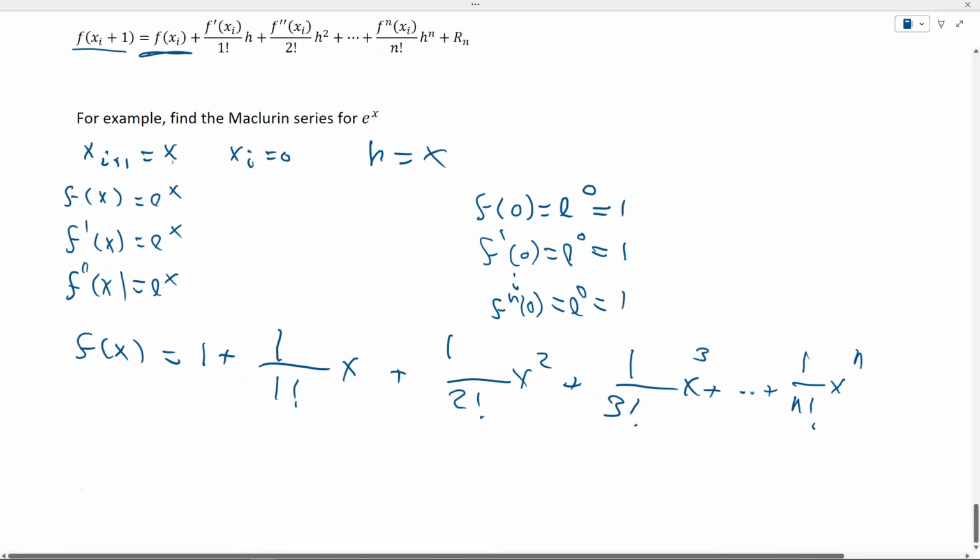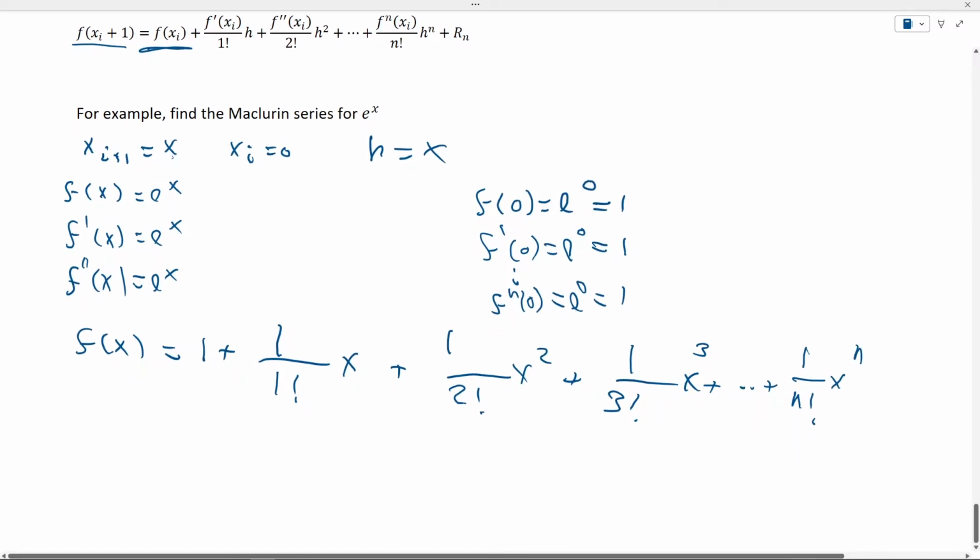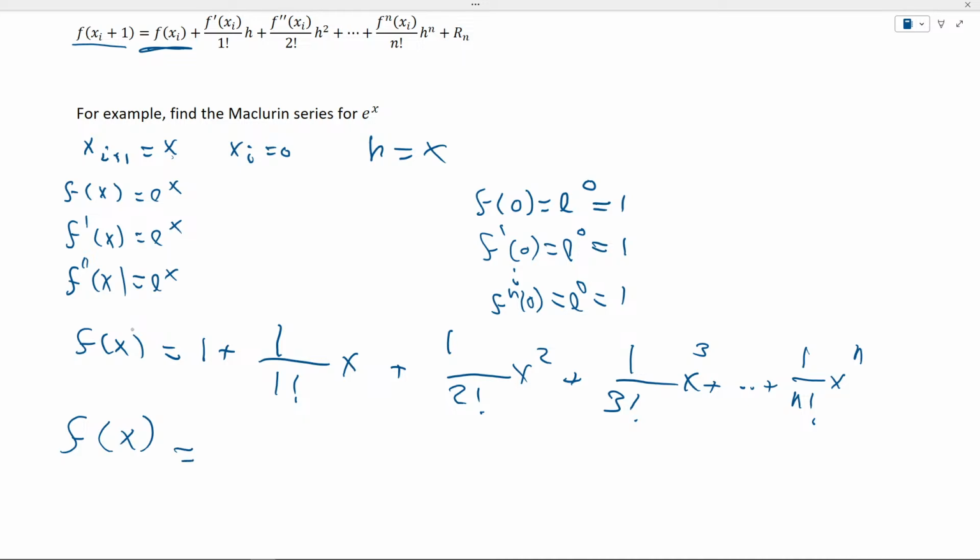Okay, wow, what did I get here? Let's see, can I simplify this a little bit? Let me do some simplification. This first term I can express as x to the power 0 over the factorial of 0, because x to the power 0 is 1. For your information, the factorial of 0 is 1.